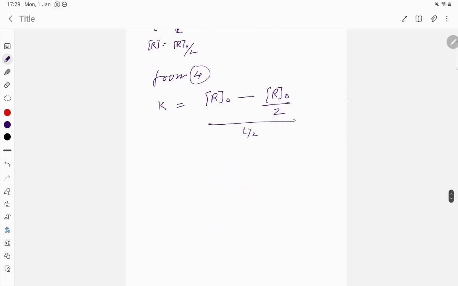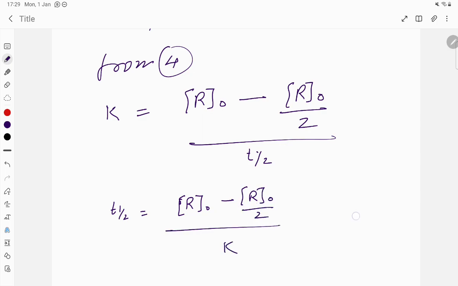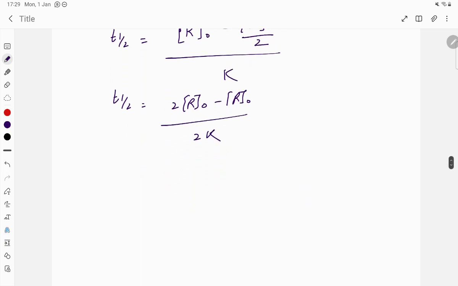Solving further, t1 by 2 is equal to R naught by 2 divided by k, that is 2 R naught minus R naught upon 2k, which gives R naught upon 2k.